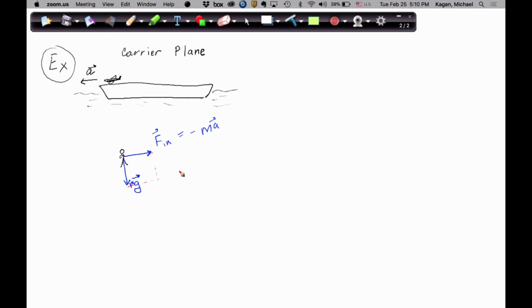Let me first ask you a question, folks. What started happening when they just started testing carrier planes was that the plane would take off, and then shortly after, it would dive. And they found out it was because of the pilots. The pilots directed the plane into the water. So they tried to understand why they did this.